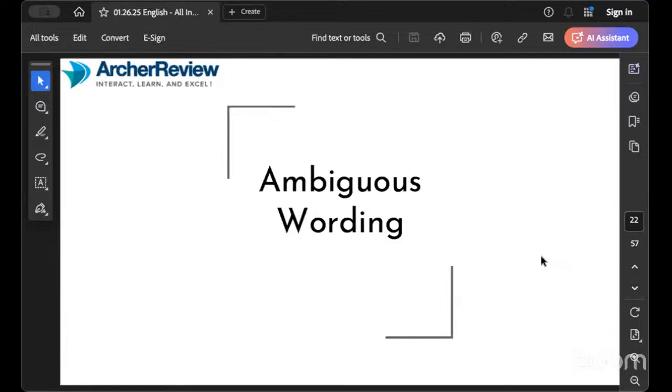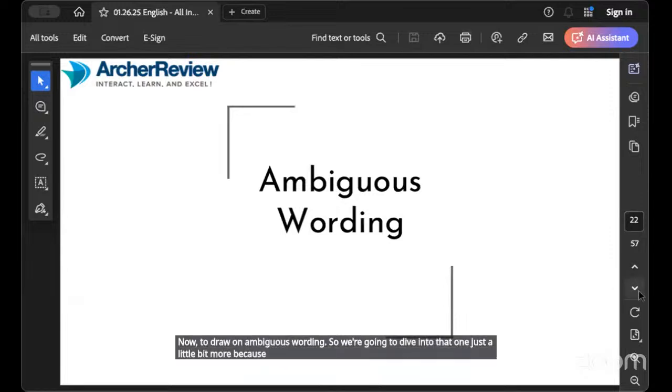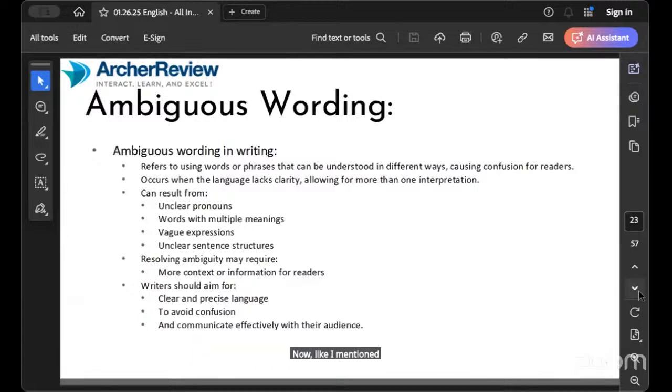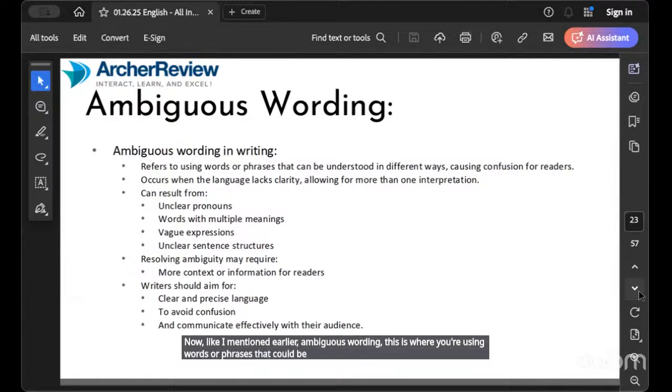Now, to draw on ambiguous wording, we're going to dive into that one just a little bit more because, while it's part of diction, it also can be by itself, as in when we're trying to digest those massive, wide open-ended questions. Like I mentioned earlier, ambiguous wording is where you're using words or phrases that could be understood or taken a different way depending on the reader.